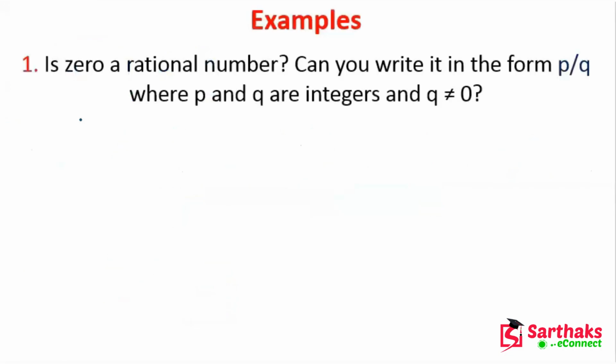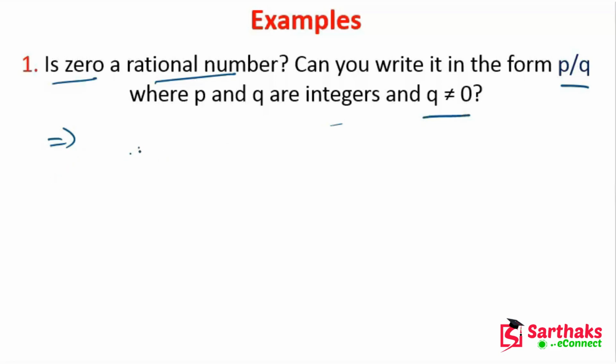Question number 1: is 0 a rational number? Can you write it in the form of P upon Q? My dear friends, we know that a number is said to be a rational number if it can be written in the form of P upon Q, where P and Q are integers and Q is not equal to 0.